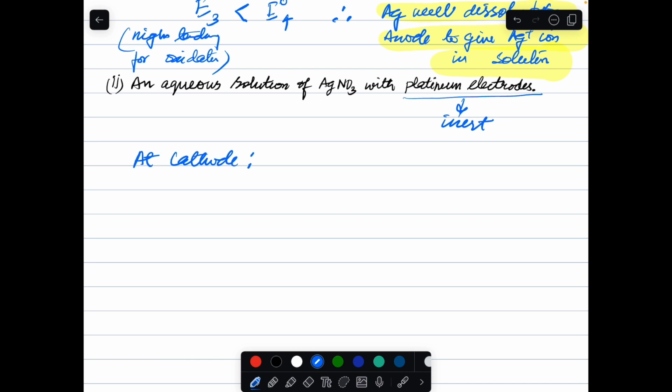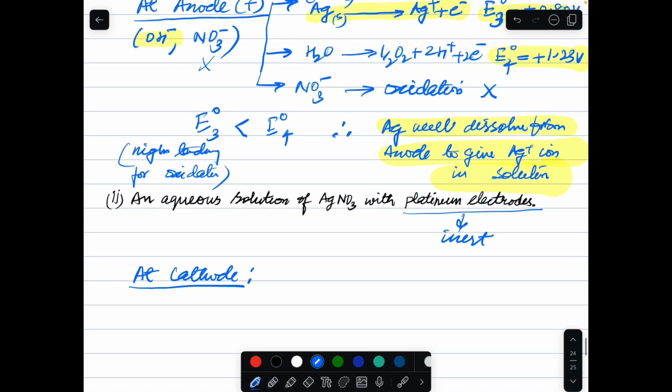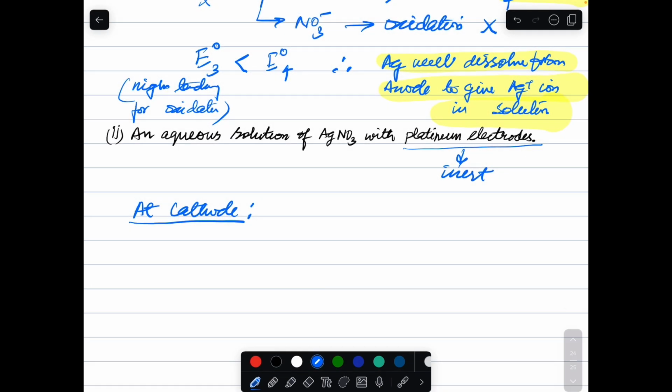Cathode is your negative electrode, and it will have the same reaction as we did in the previous case. Here we will be having competition between H plus ion and your Ag plus ion, and the reaction which will take place will be your Ag plus ion from the solution will take electron to give you silver metal.